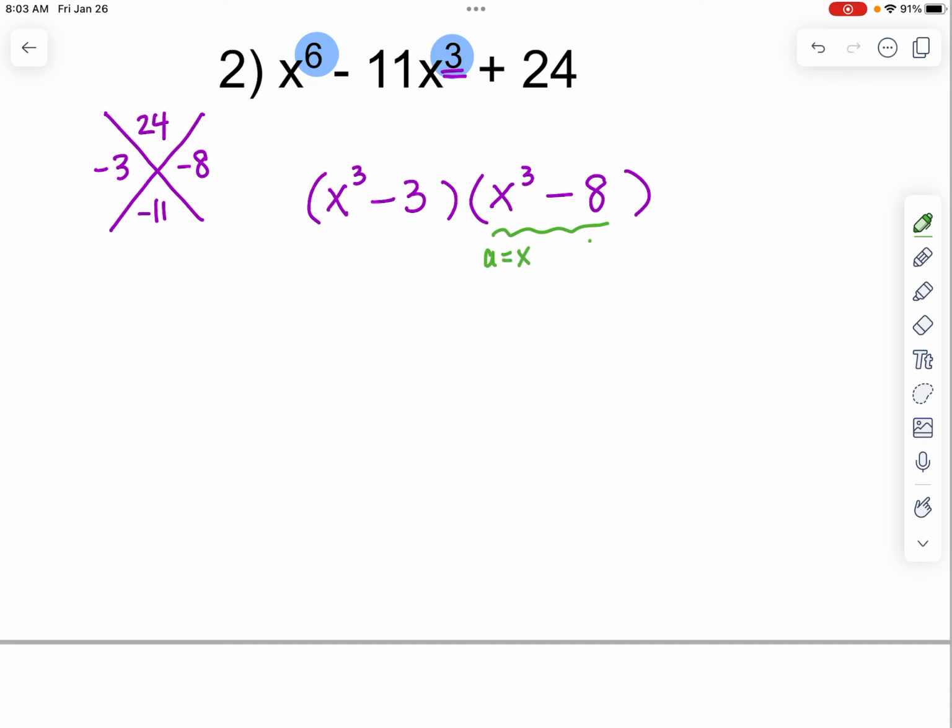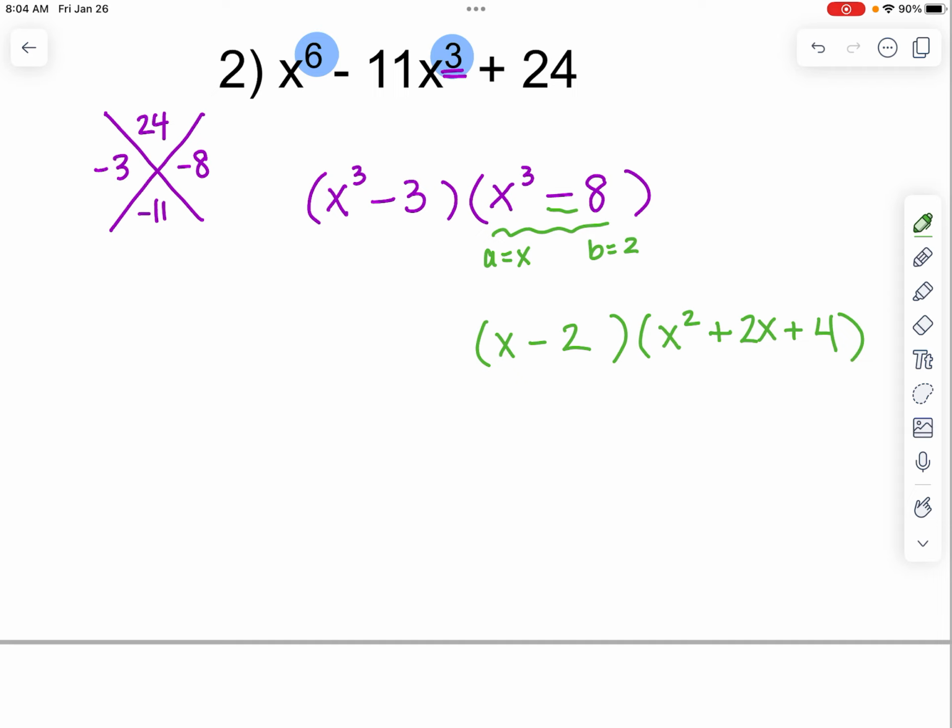The cube root of 8 is 2, so b is 2. It is a difference, so we'll have a minus b, so x minus 2. And the second parentheses is a squared, so x squared. Then it's the opposite sign. A times b is 2x, always positive sign. And then b squared, 2 squared is 4.